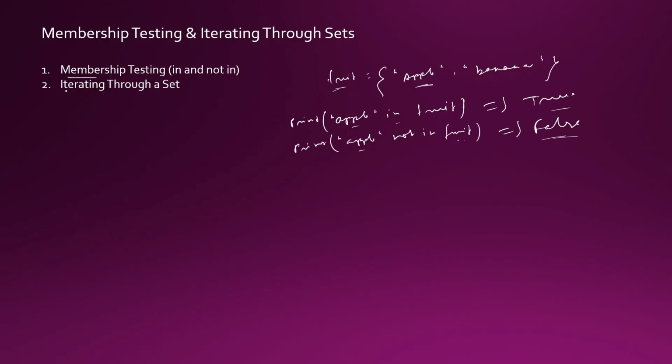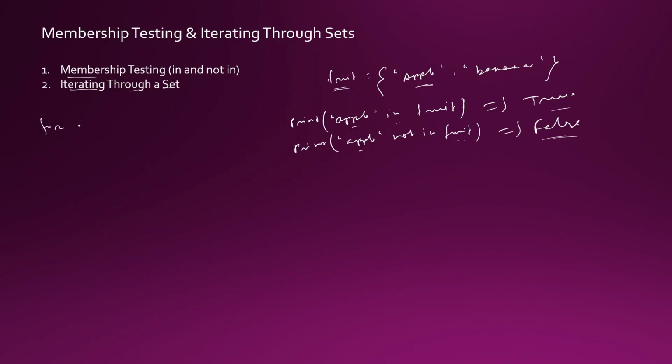Second one is iterating through a set, that means a loop. As I told you in my previous slide, we can access our set elements after converting the set into a list. In the same way, we can access our set elements even using a loop. For example, suppose this is my set fruits.